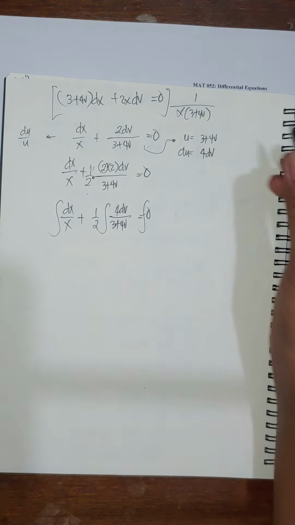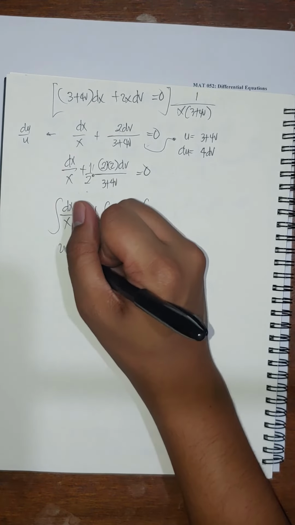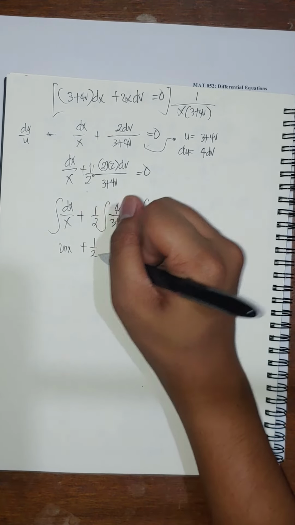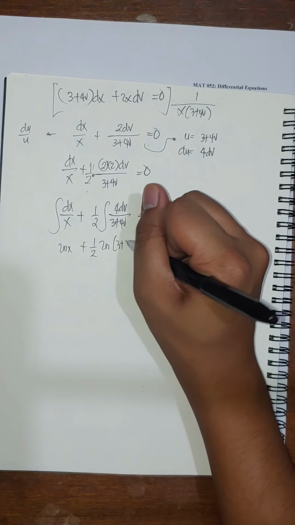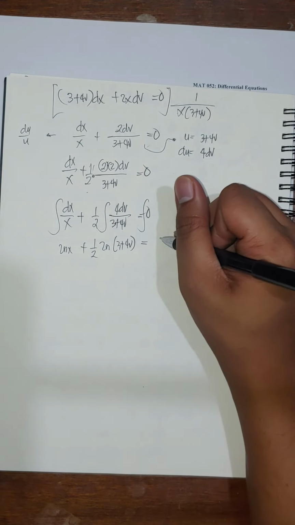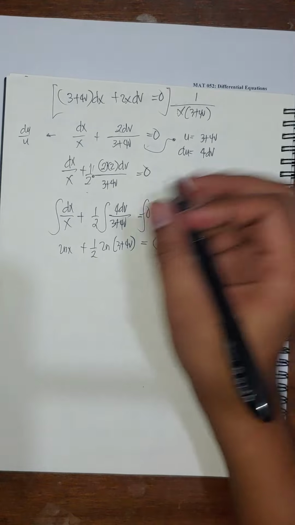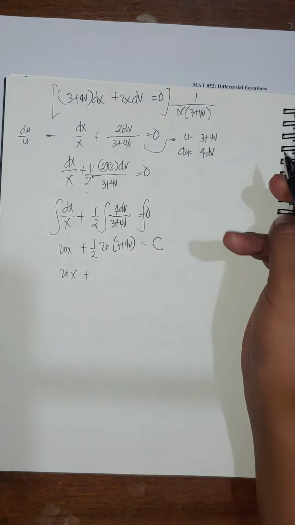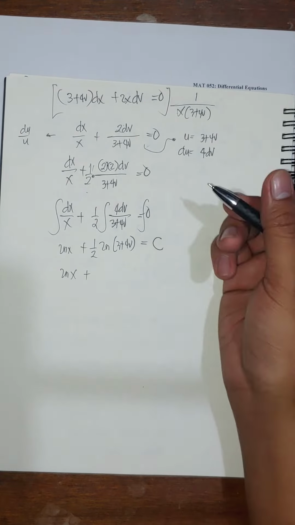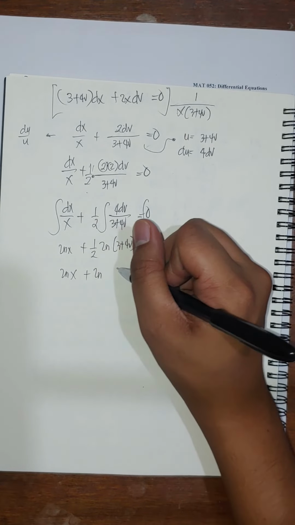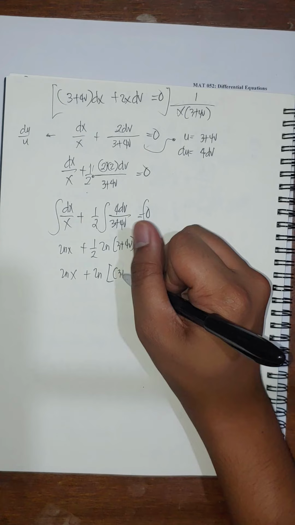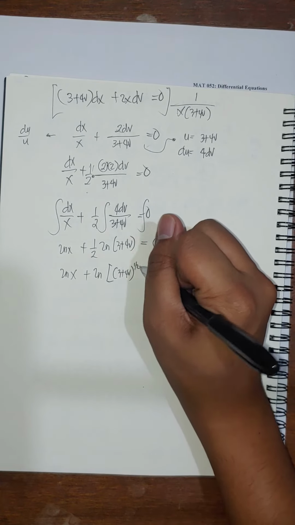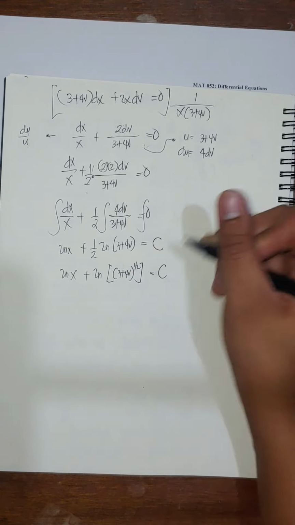Integrate all sides. We have here ln x plus 1/2 ln of 3 plus 4v is equal to c. So ln x plus, actually 1/2 pwede na ito na magamit. This becomes ln of 3 plus 4v raised to the 1/2 is equal to c.